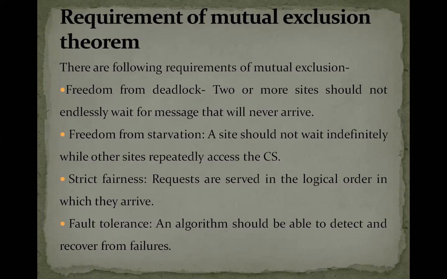To request the critical section, a site sends a request message to the control site, and the control site queues up all the requests for the critical section and grants them permission one by one.